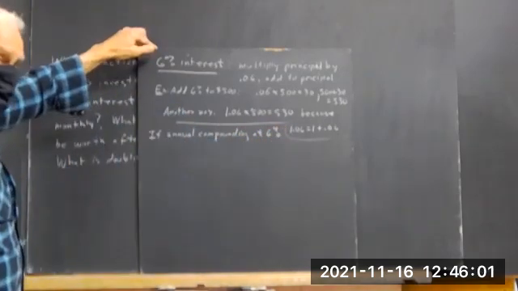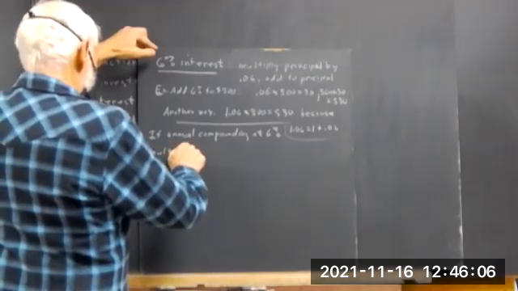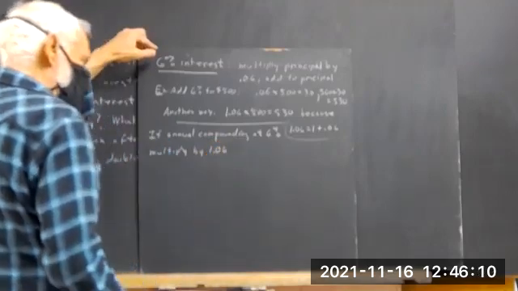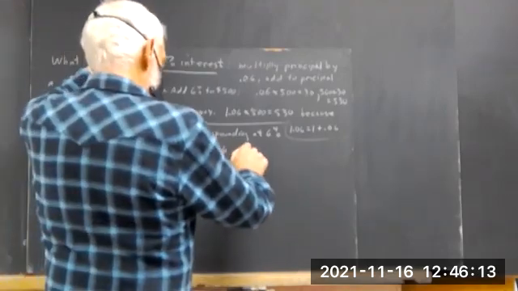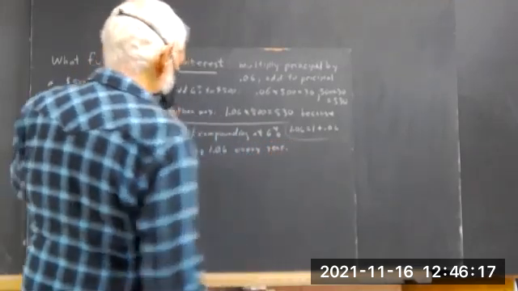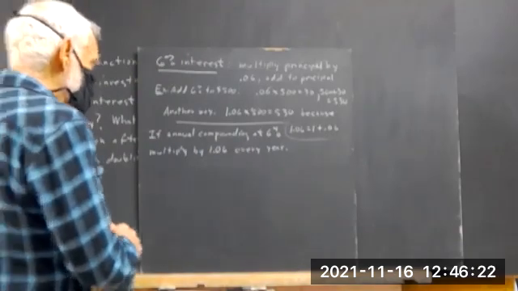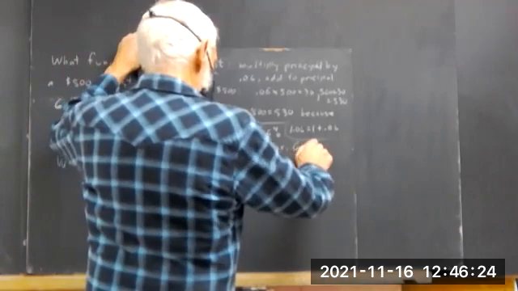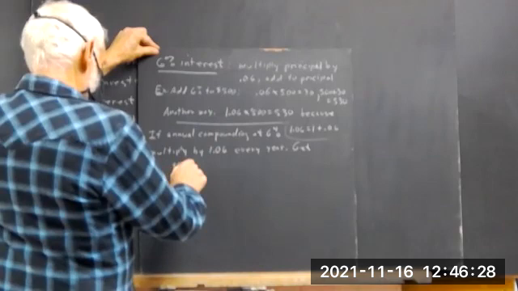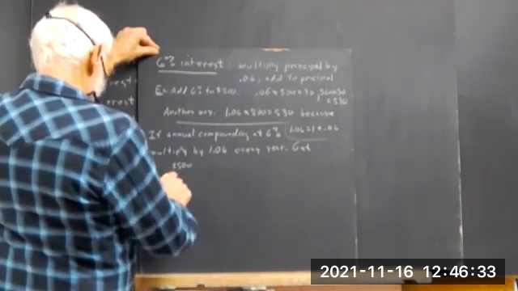If you have annual compounding at 6%, multiply by 1.06 every year. So you get $500 to start.